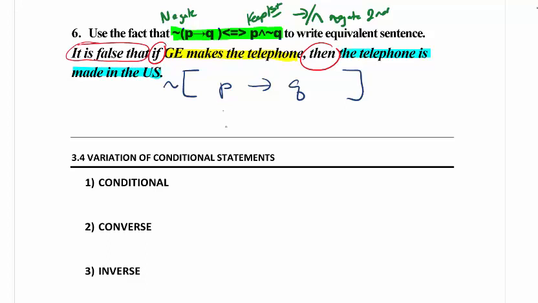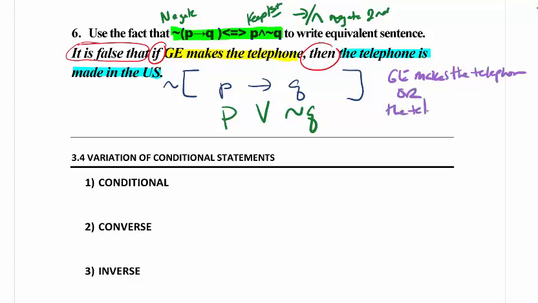So this says, keep the first. Because I'm negating, it's going to go to an or and negate the second. So my answer for this one will be GE makes a telephone, or the telephone is not made in the U.S. Just going from there.